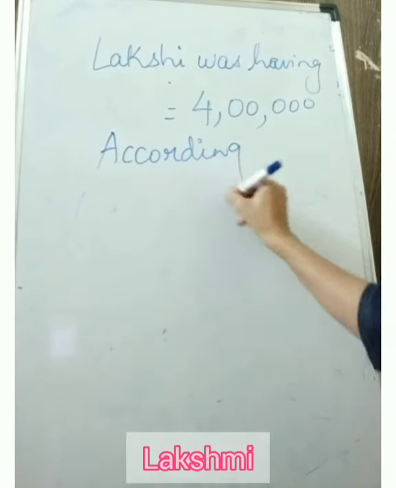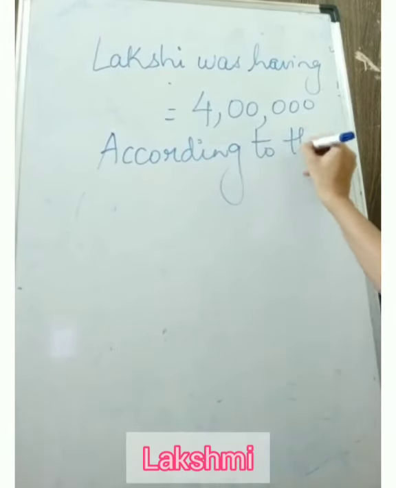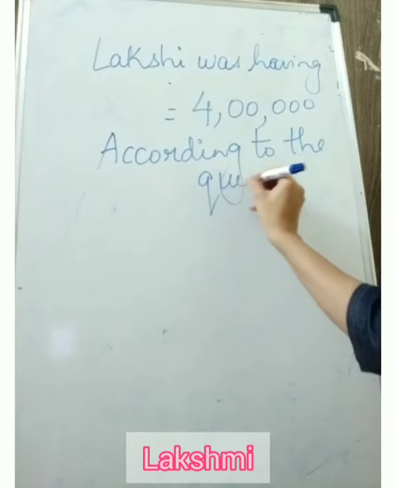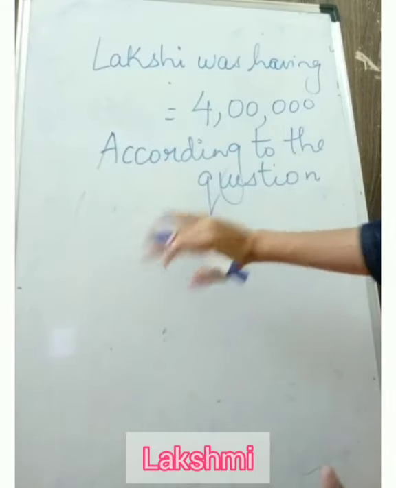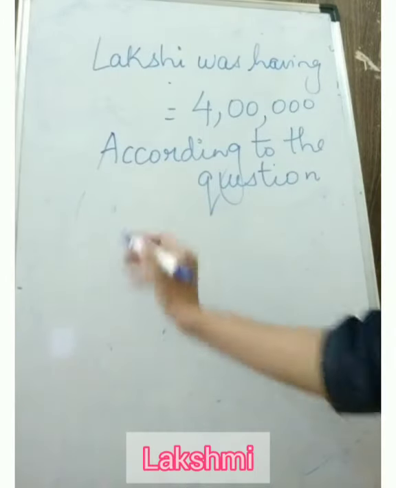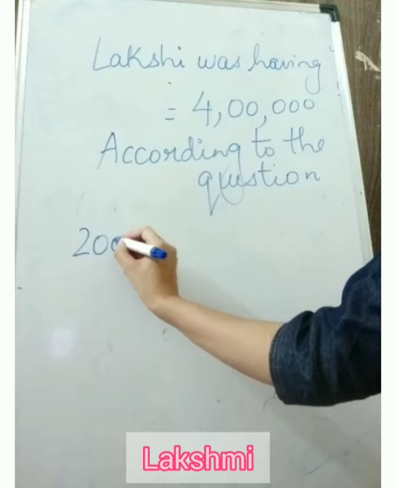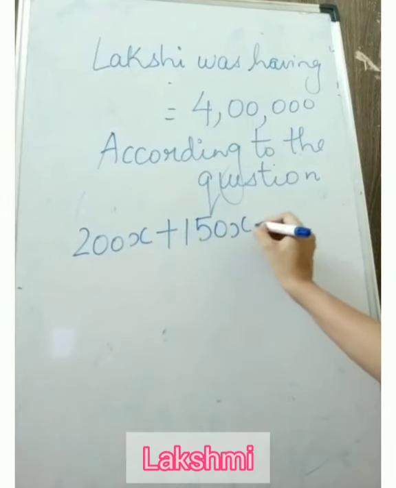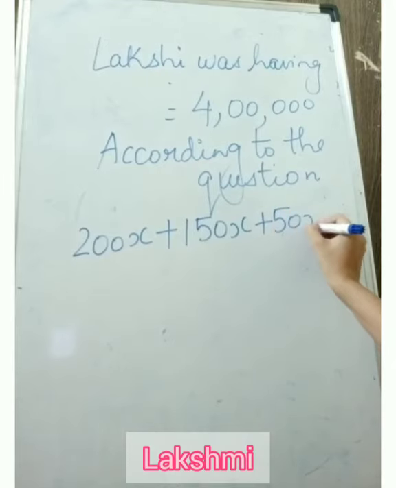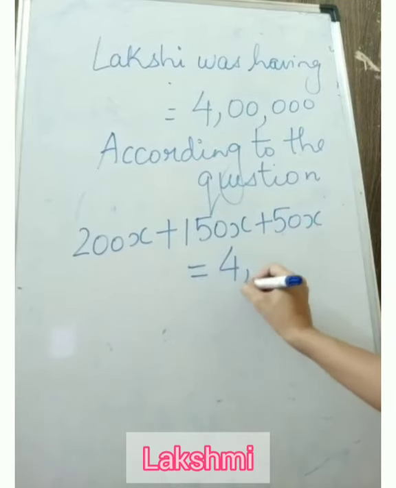Now all the values which we are having, we will add. That will equal 4 lakh, because all the money totalled gives you 4 lakh. So the first one was 200x, next was 150x and the last was 50x, gives you 4 lakh.